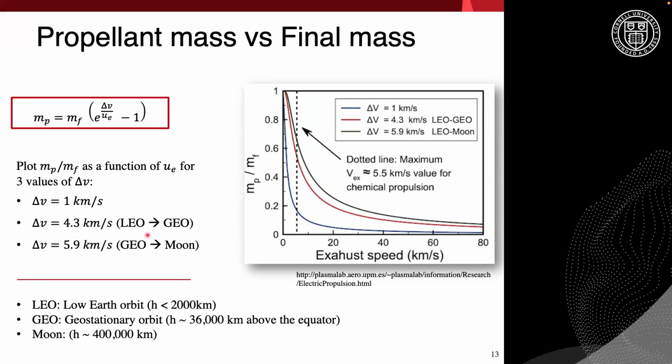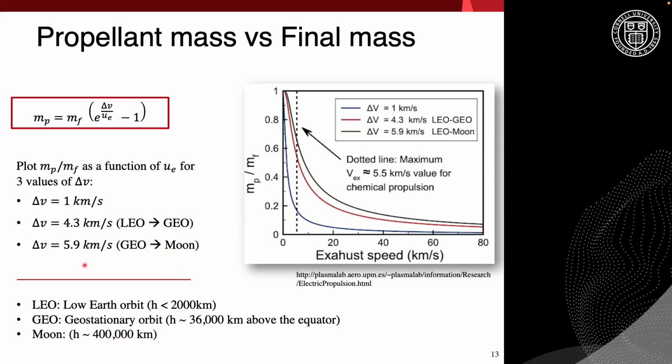The second value corresponds to a maneuver that takes the spacecraft from LEO to GEO. LEO is low Earth orbit, so the altitude is smaller than 2,000 kilometers. And GEO is geostationary orbit, so the altitude here is about 36,000 kilometers above the equator. So to go from LEO to GEO, we need to achieve this amount of delta V. And the third one is from GEO to the moon, and the moon is about 400,000 kilometers.